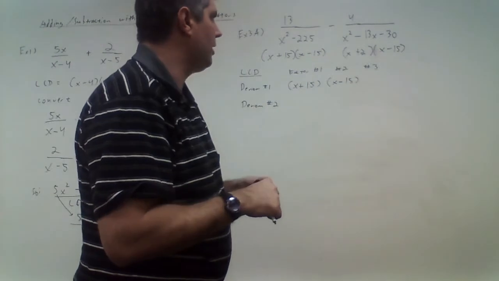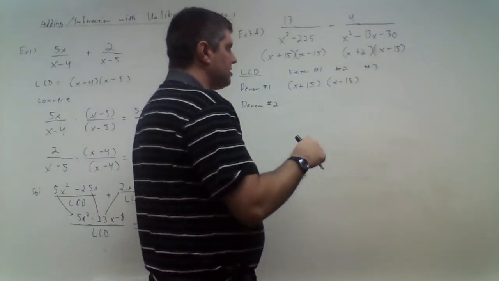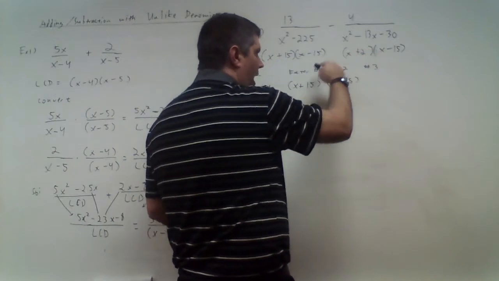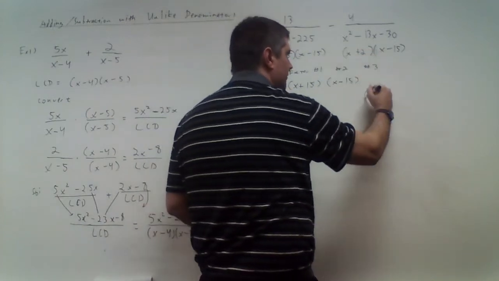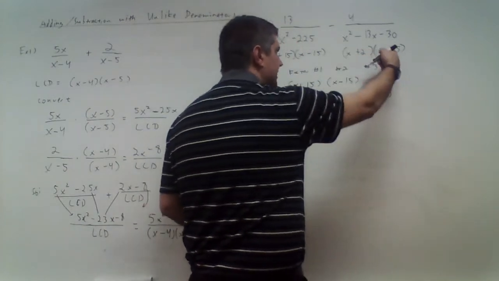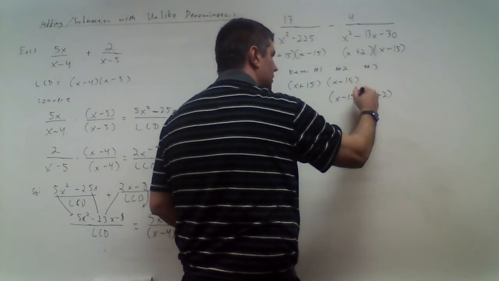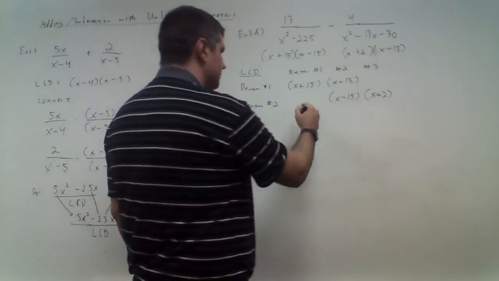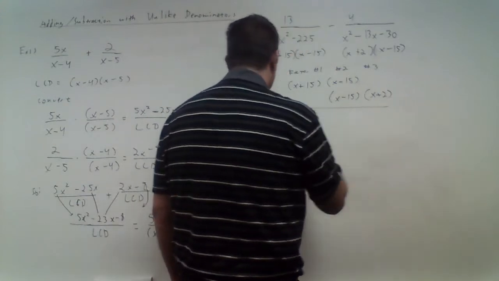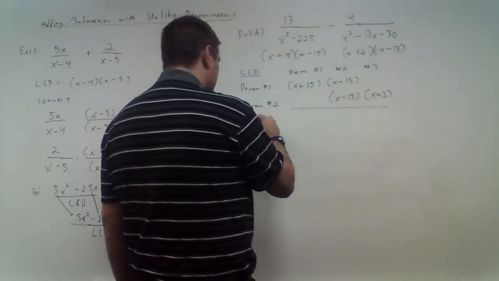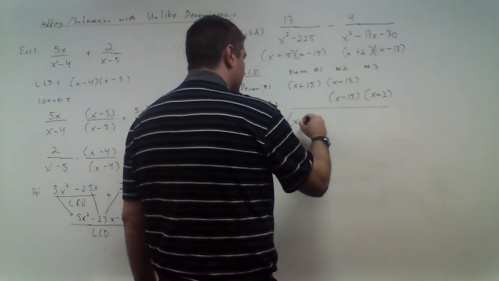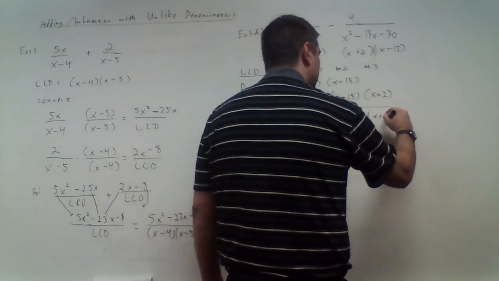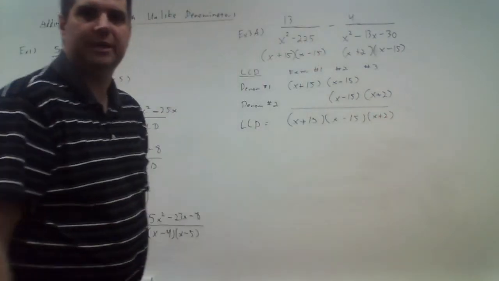So we'll put them below counterparts if possible. So the x plus 2 isn't represented here, so it's going to go in factor number 3. But this x minus 15 had a counterpart there. So the LCD equals one representative of each column. Okay, so there's our LCD.